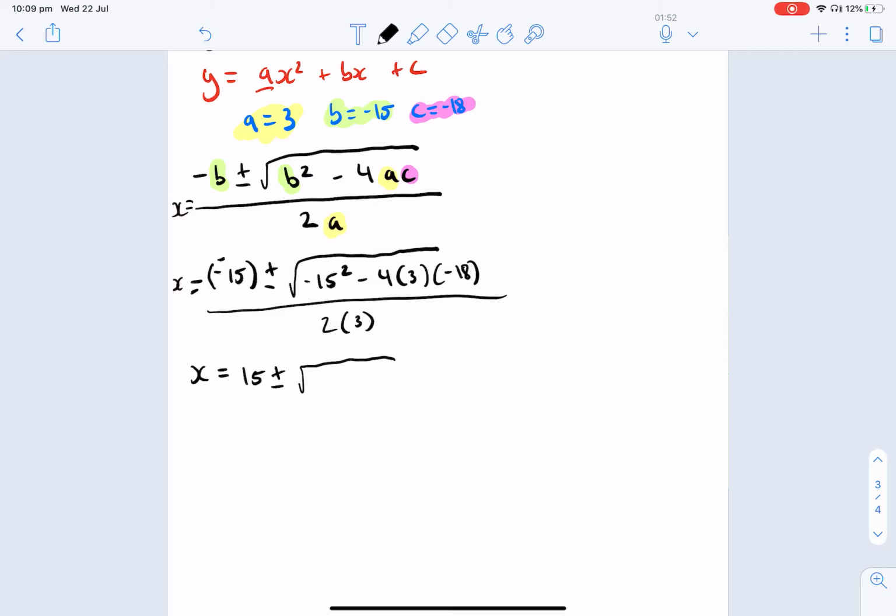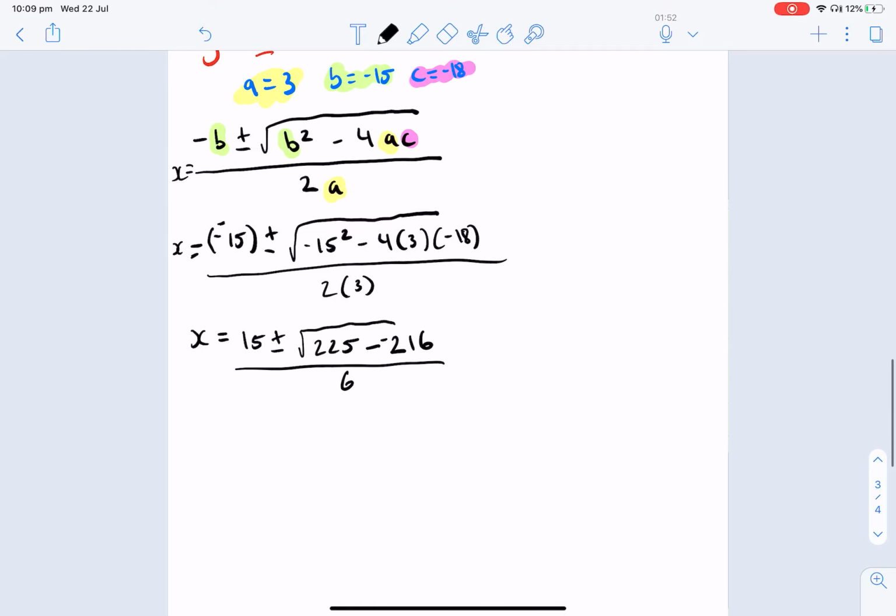Negative 15 times negative 15 is 225, which becomes positive because a negative times a negative. And we're going minus 4 times 3 times negative 18, which gives us negative 216. And that is all over 2 lots of 3, which is 6.